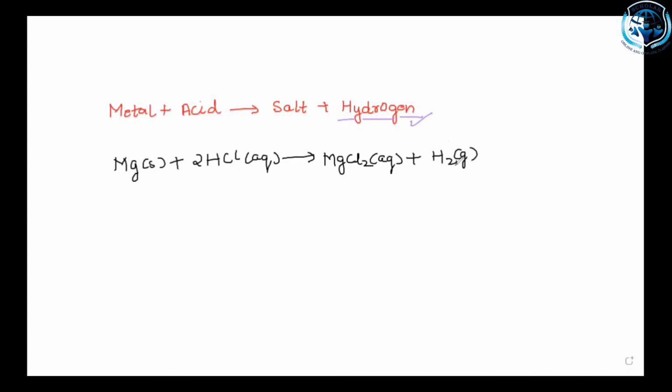The second reaction is of aluminium foil with dilute hydrochloric acid. It reacts with HCl to form AlCl3, that means aluminium chloride, and hydrogen.